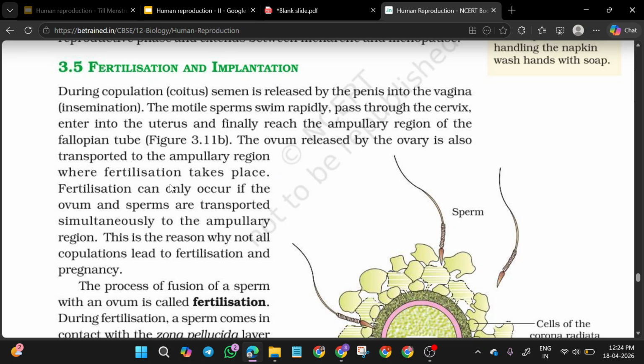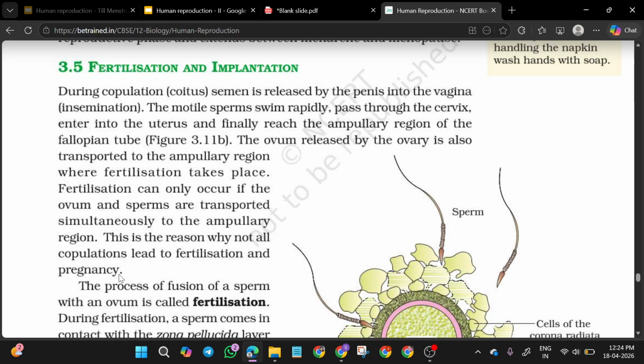Fertilization can only occur if the ovum and sperms are transported simultaneously to the ampullary region. Only then will it lead to fertilization and pregnancy. This is the reason why not all copulations lead to fertilization and pregnancy.